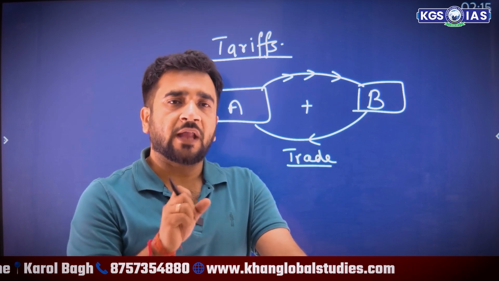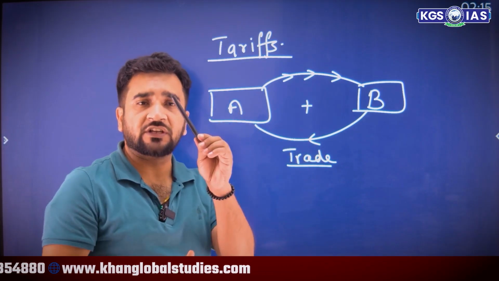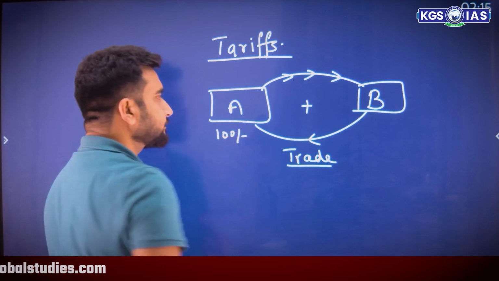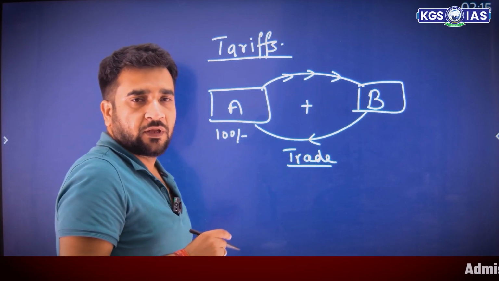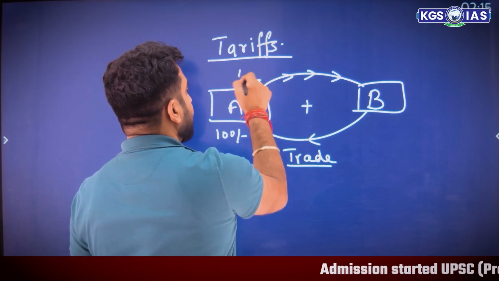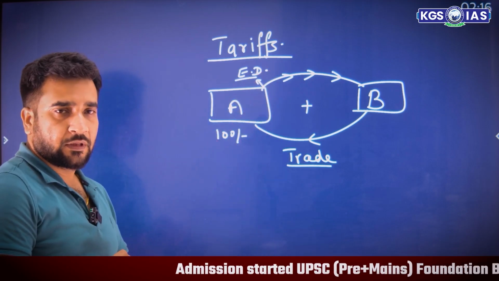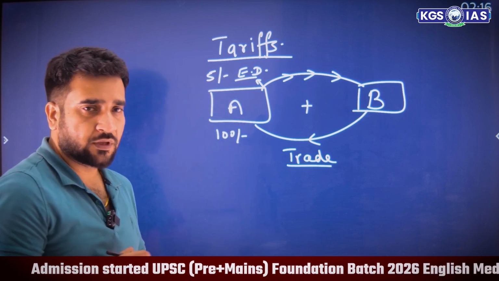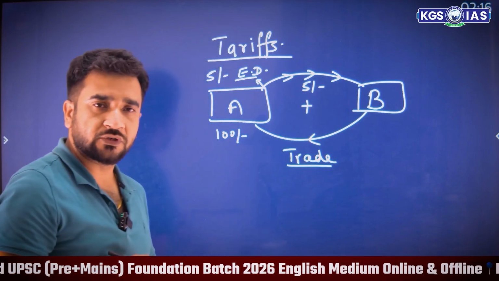Right? Now, let's suppose I am a manufacturer in country A and I manufacture this pen in country A and this pen costs 100 rupees. Now I have to export this pen to country B. The government of my country has the prerogative to impose export duty on this pen. Let's suppose my government imposes an export duty of 5 rupees. The transportation cost is 5 rupees, let's suppose.